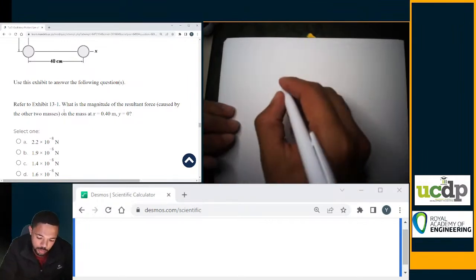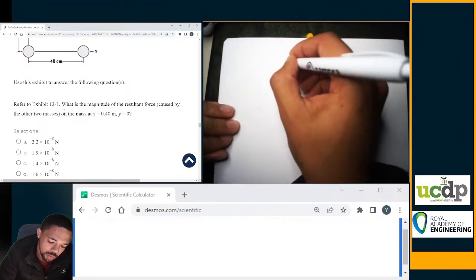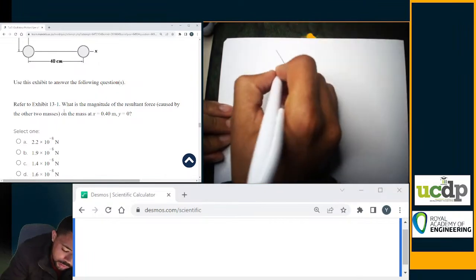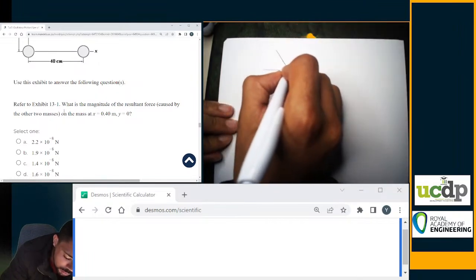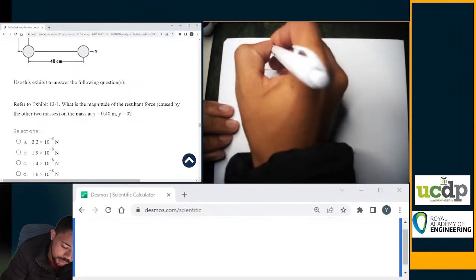Now you have this situation. You have this mass, you have this horizontal force here and you have this force here.